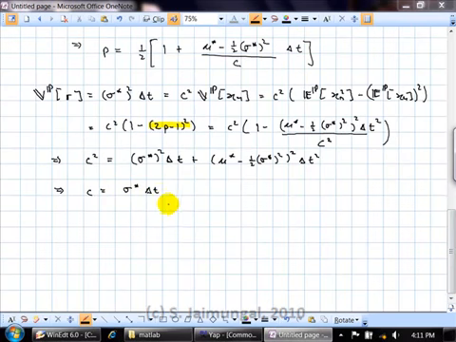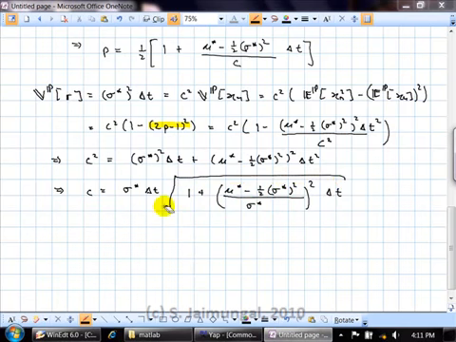And I'm going to factor out sigma star square root delta t, and I'll get 1 plus the square root of 1 plus mu squared minus 1 half sigma star squared all over sigma star, and this would be squared, and that would be delta t, and there would be a big square root on this thing.